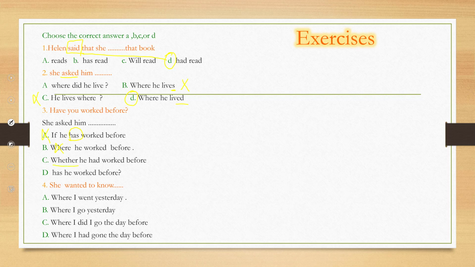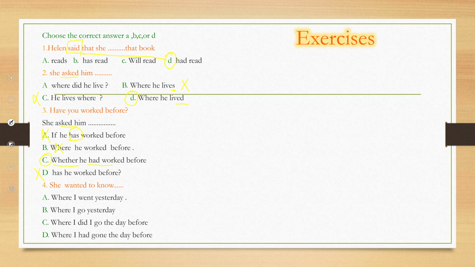It's okay. And here, after asked, we changed the verb into past perfect. I think it's correct. The last one is not correct because has he worked is a direct question and it's present. It's not correct.